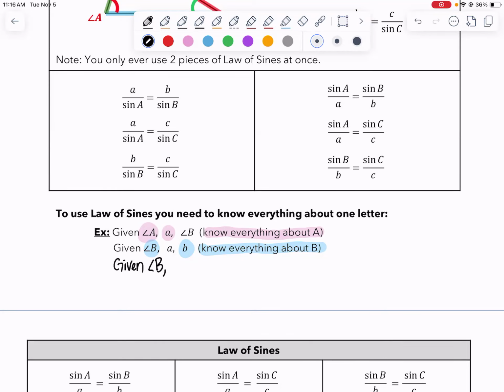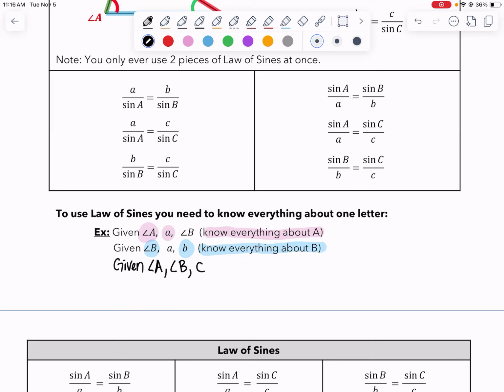Let's do given, alphabetical, angle A, angle B, and lowercase c. It doesn't look like we know everything about anything, right? If you see this situation, you might say, well, you can't use law of sines here.